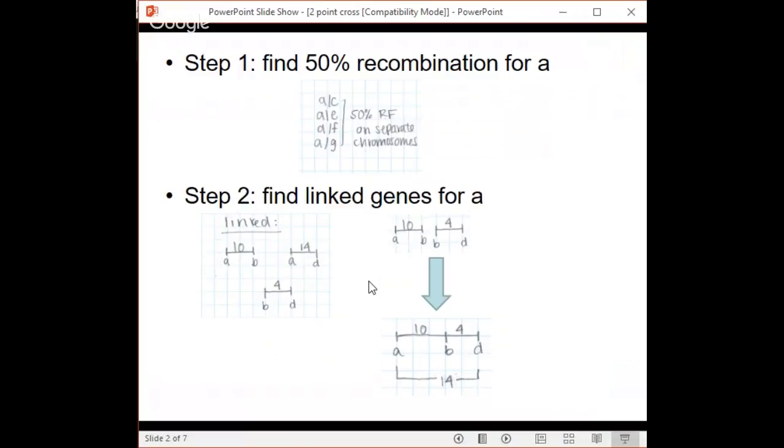So for step one, I do these a little bit differently than what was shown in class. I like to start with the first gene, which with us, we're given genes A through F, so that's A. So we'll start with A, and first I like to find which ones they separate independently from, so we know that they're on separate chromosomes.